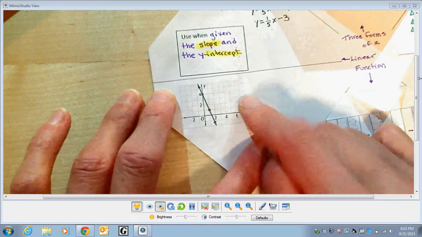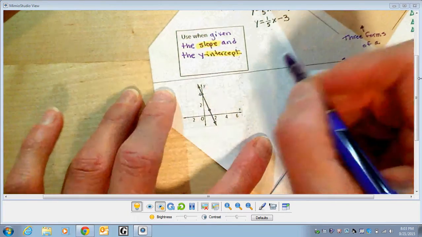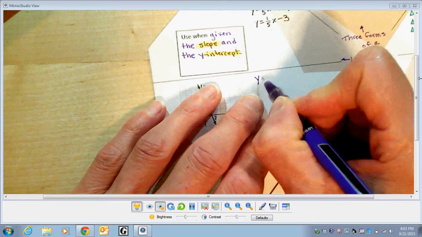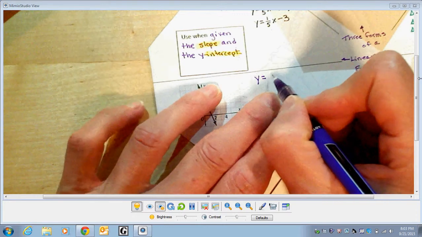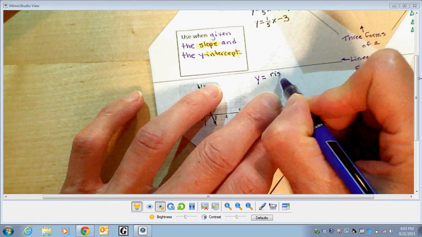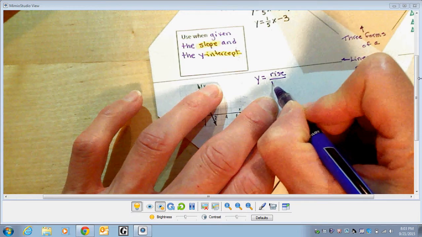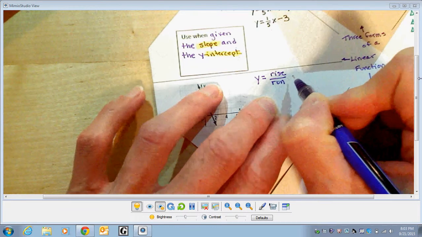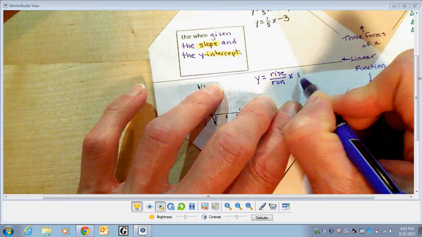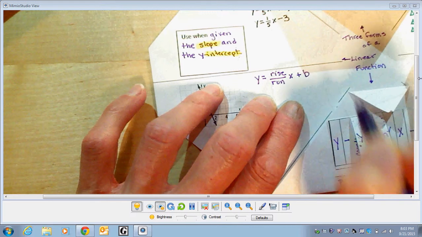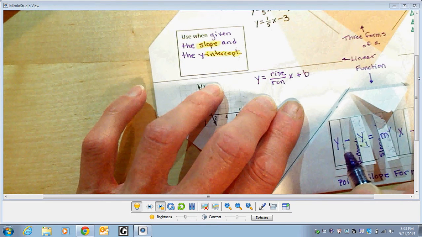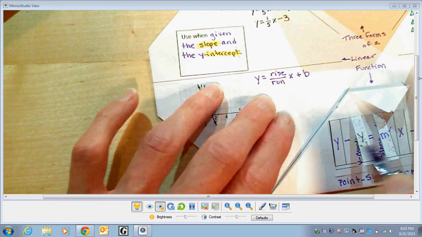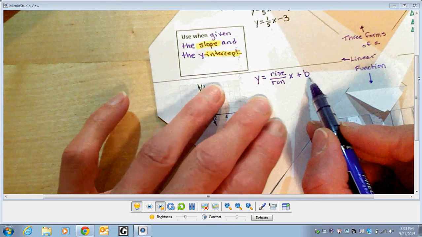So before we even get started with this, let's write down that y is equal to our slope, which is rise over run, times x, plus our y-intercept.